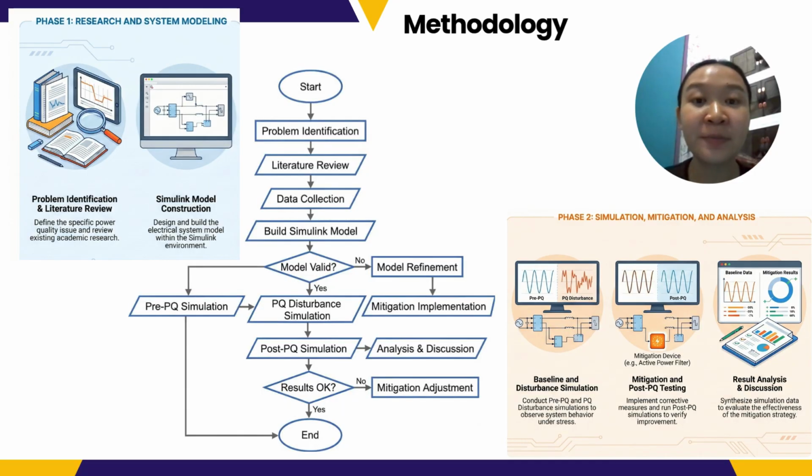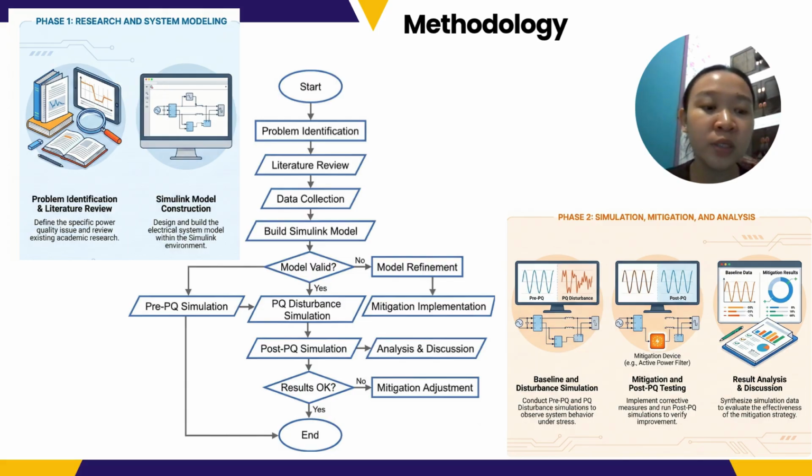So the next part is the methodology of this project. As we can see here, this is the flowchart of the methodology. The first step in our flowchart is to identify the power quality problem and continue with the literature review by collecting the data needed for our project.